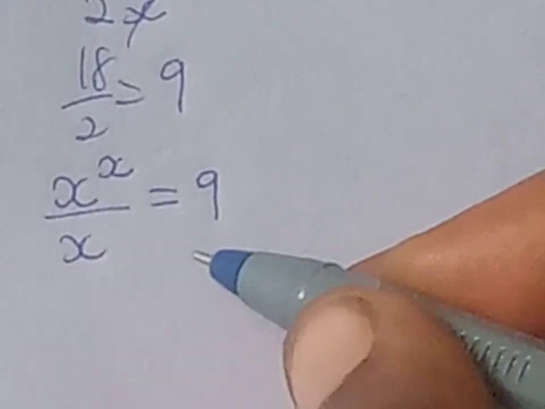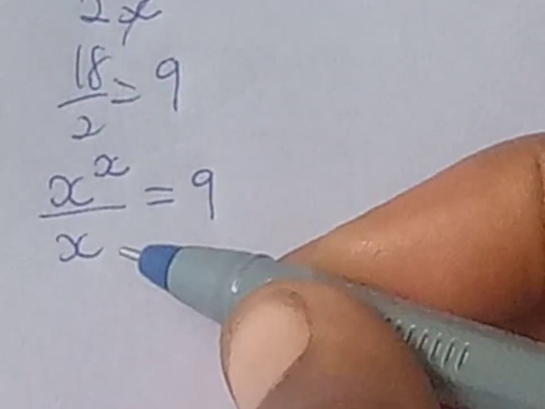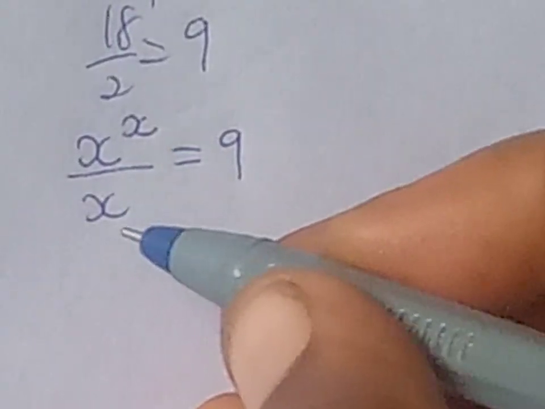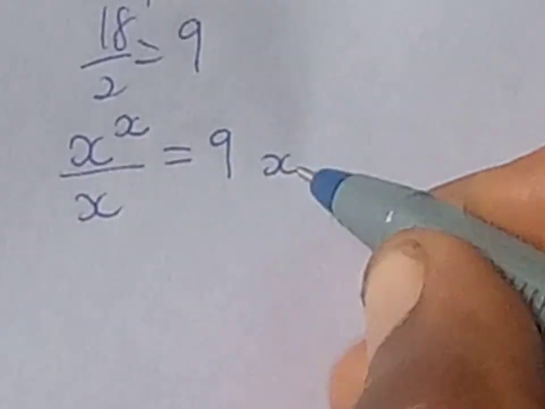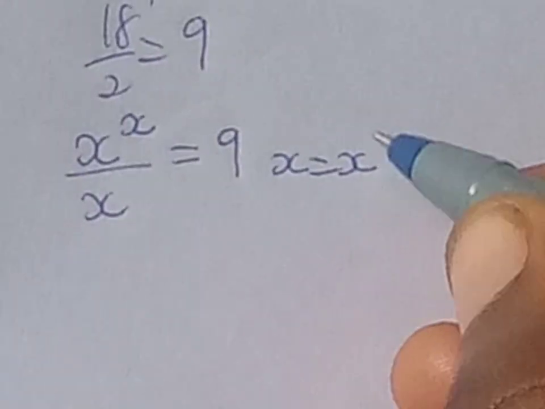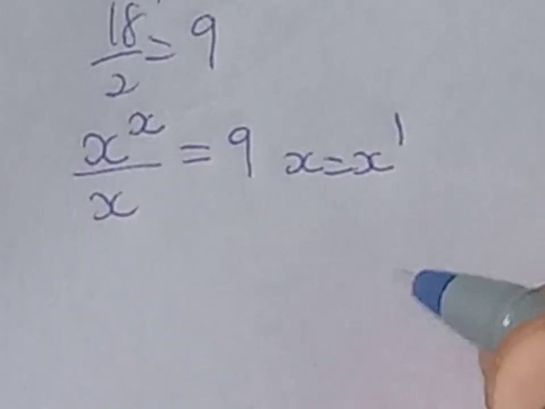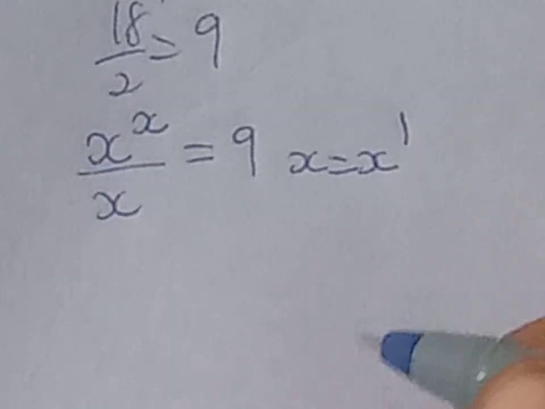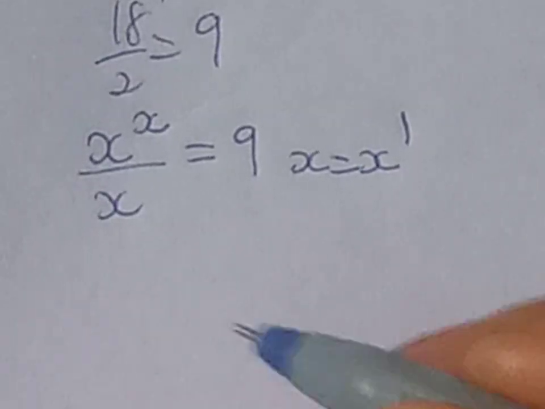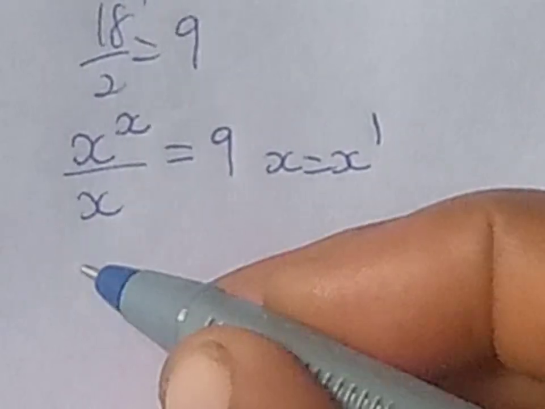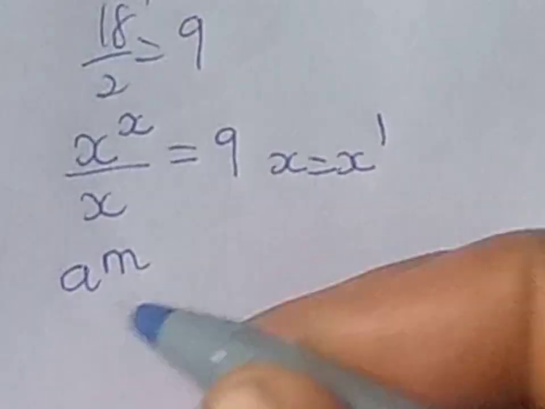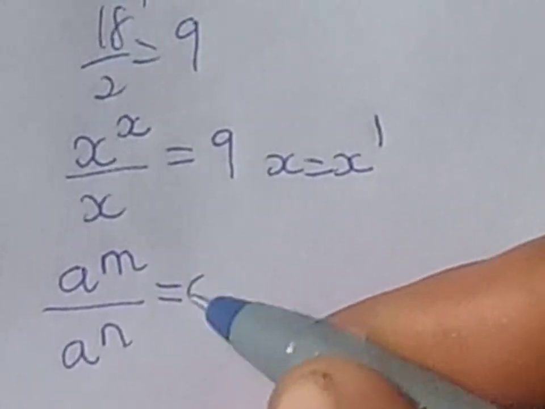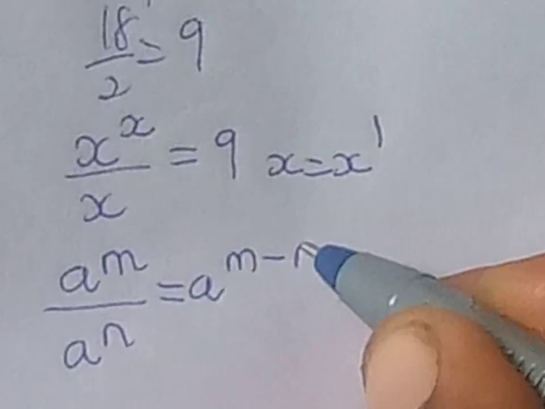The next thing is, let's simplify the left hand side, which is x raised to the power of x divided by x. Remember that x equals x raised to the power of 1, and whenever we divide powers with the same base, we subtract the exponents. The exponent law we are going to be using is a raised to the power of m divided by a raised to the power of n, which will give us a raised to the power of m minus n.